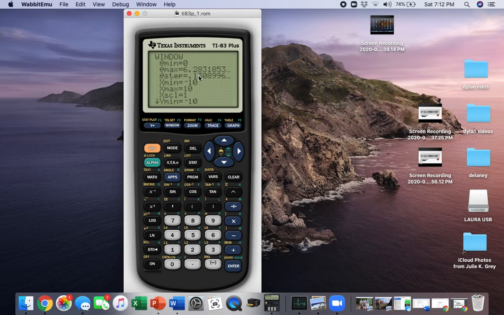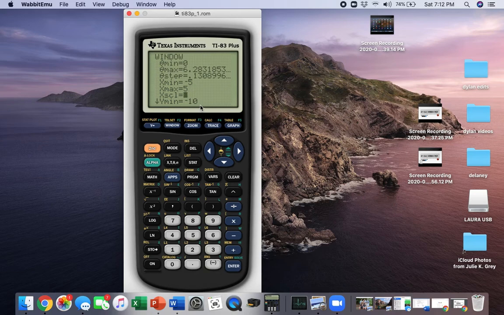T-step is small. Now think about your x and y min, right? We said this was length 3, and it goes out to the left. So this is why I'm telling you that sometimes if you have your calculator, in order to set your window well, you need to know that you need to go a little bit further to the left.